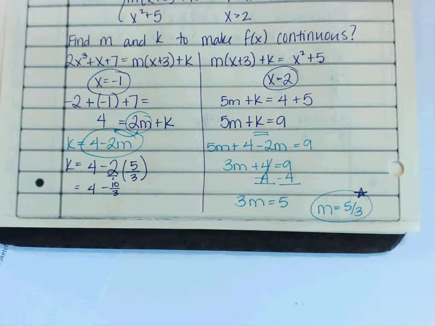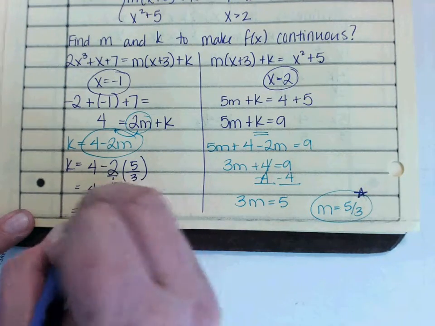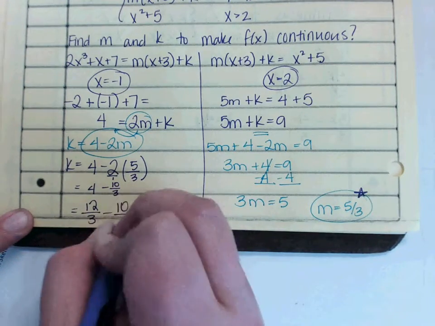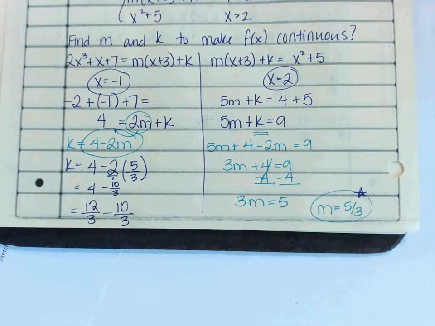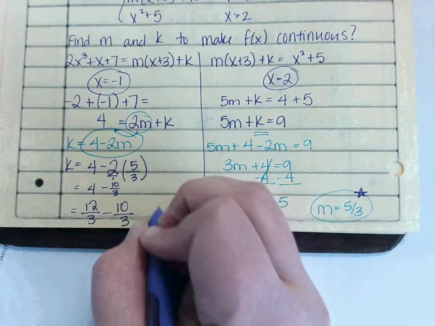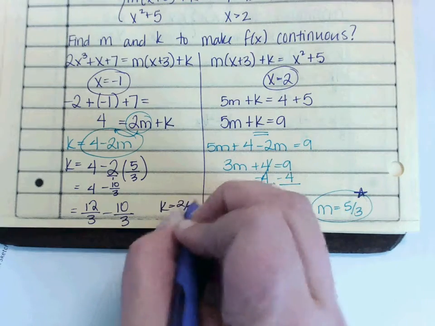So I'm going to times it by 3 over 3. What is 4 times 3? 12 thirds. So then I have 12 thirds minus 10 thirds. Now I have a common denominator. 12 thirds take away 10 thirds is 2 thirds. Good? Awesome. So k is 2 thirds.